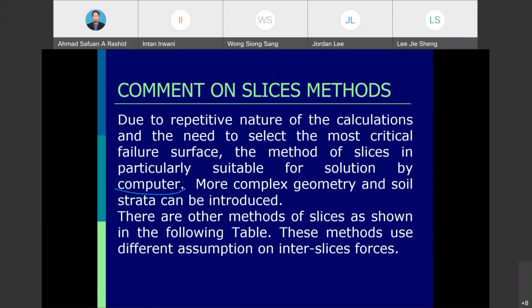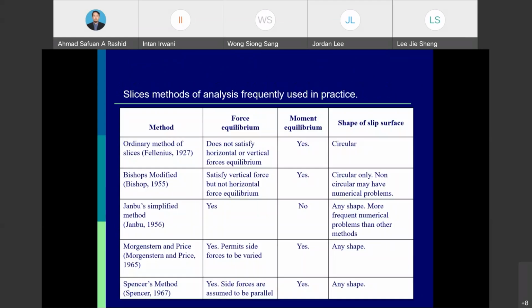Or we can run SIGMA/W and then run SLOPE/W. So these are several types of methods under the method of slices: Ordinary method, Bishop, Janbu, Morgenstern-Price, Spencer method.